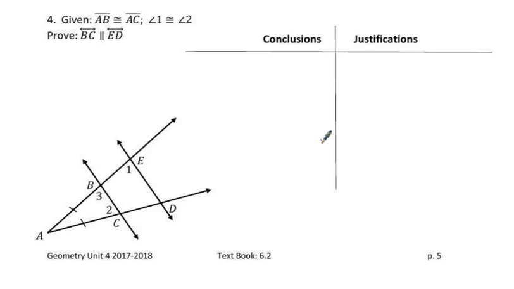Once you believe you have it, press play and see how you did. Conclusion 1 is the given written just as it was already. Side AB is congruent to side AC, and angle 1 is congruent to angle 2. Why? It was given.